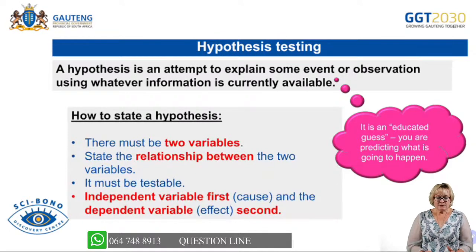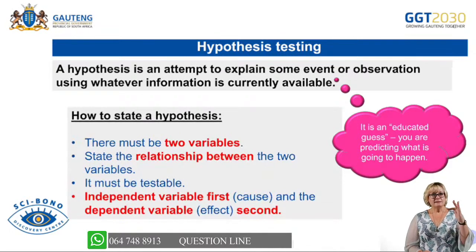Secondly, state the relationship between the two variables. So you must say, if the one, let's say, is going to be higher, the other one will also go higher, or the one is higher and the other one is lower, or whatever the case may be. But you must state both variables and you must say what the relationship between these two variables is.